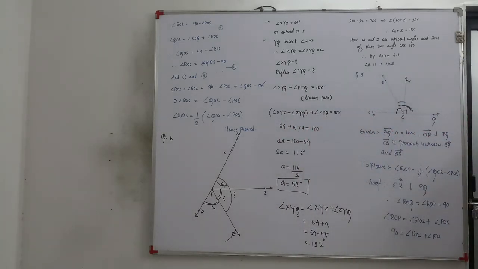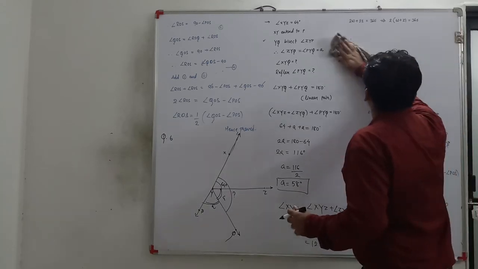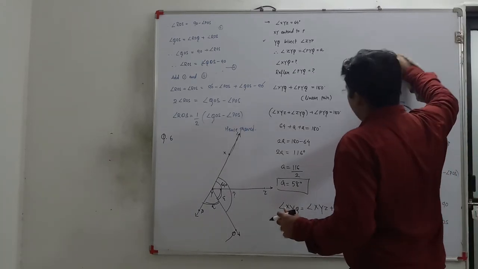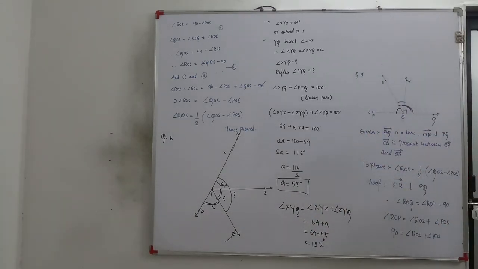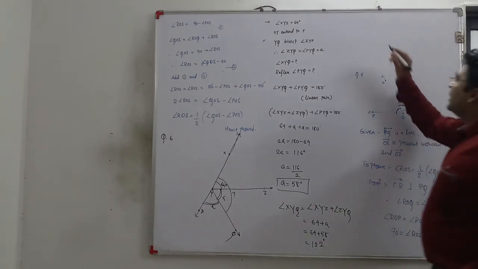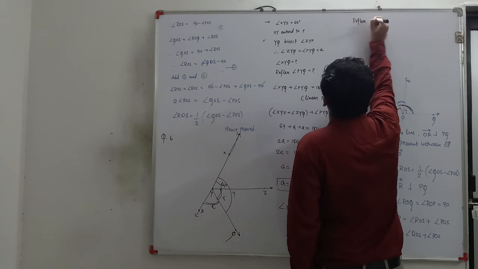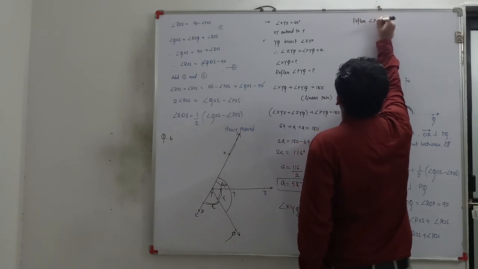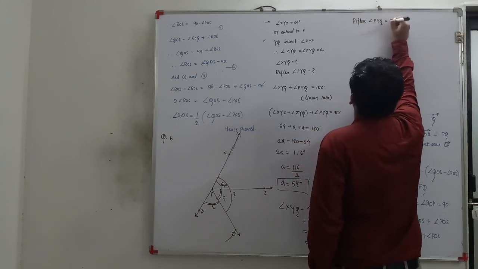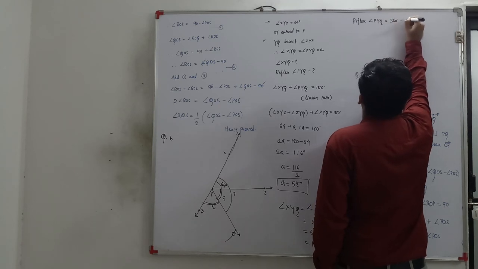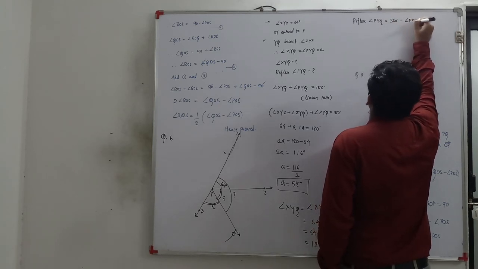Now the next is the reflex of angle PYQ. Here I can write: reflex of angle PYQ is equal to 360 minus angle PYQ.